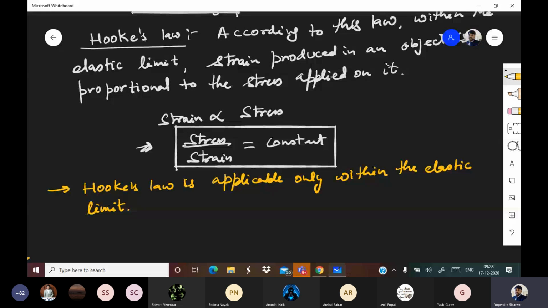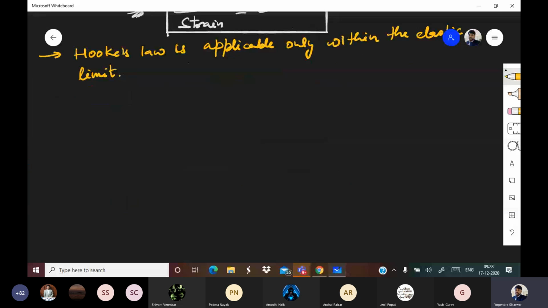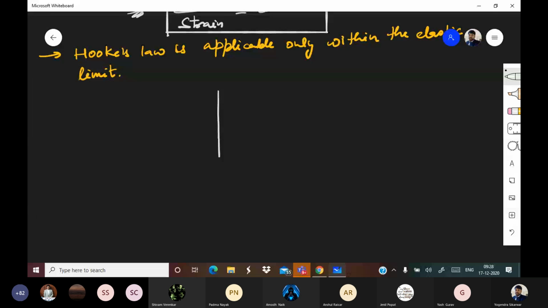All right. Based on that, there is a stress strain curve also. So please draw that. While we are drawing this curve, imagine that there is a metal wire which is hanging from a ceiling.